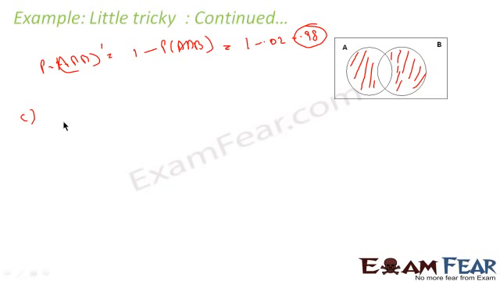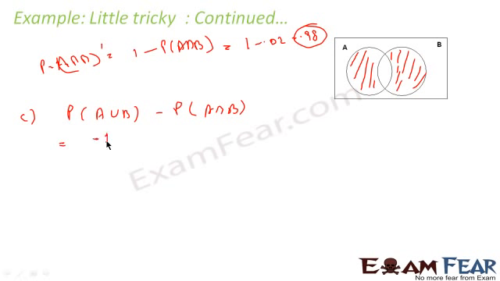So this area we can also write as P of A union B, that is total, minus P of A intersection B, right? This is P of A union B whole. If you minus this vacant portion, you get only these two. That's what we are doing. And we already have the values of P of A union B, that is 0.13 from the example, and this is 0.02. So we get 0.11. This is the probability of this area.